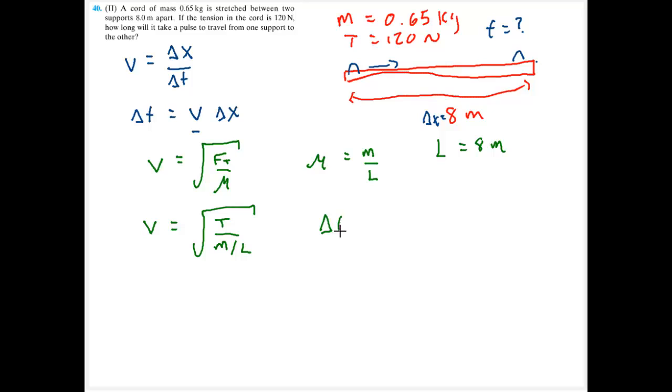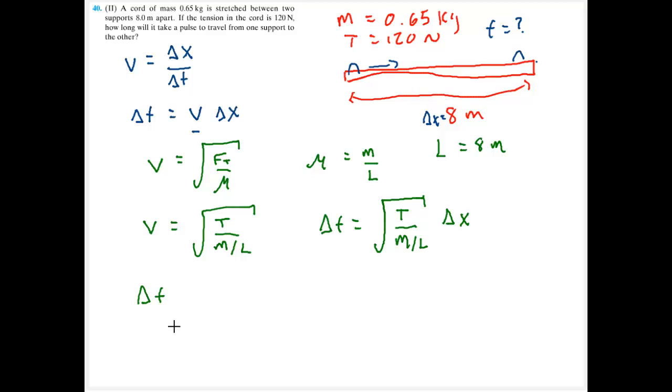Say that the time that it's going to take is going to be how far it goes divided by the square root of that tension force divided by the mass per unit length.